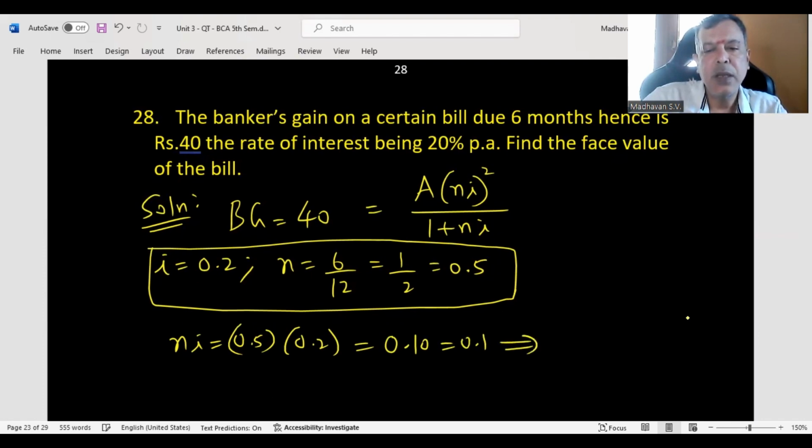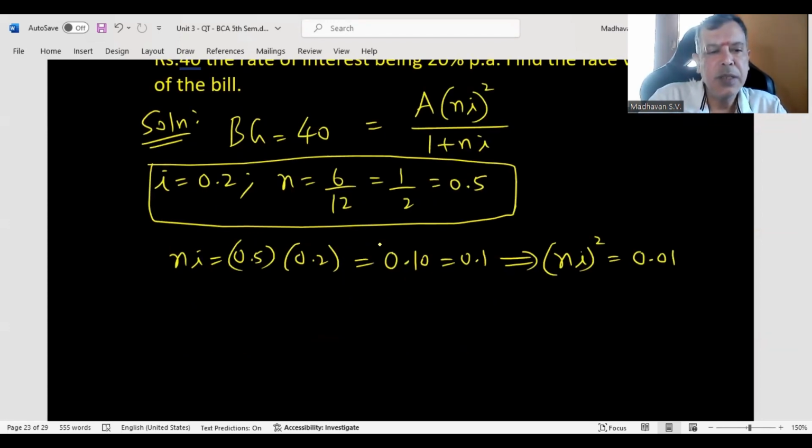And that means our Ni the square will be 0.01. Now we can substitute it here. So I can rewrite it here, which means our BG, which is 40, should be A into 0.01 divided by 1 plus 0.1.